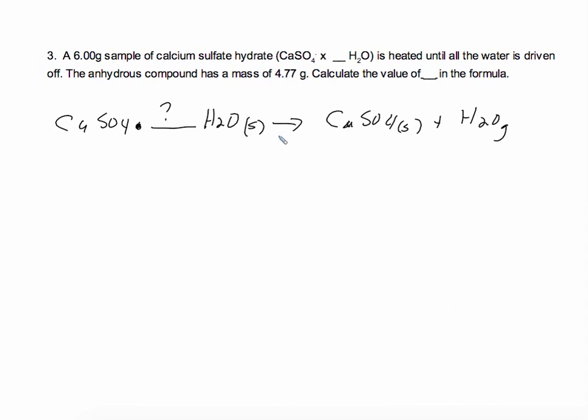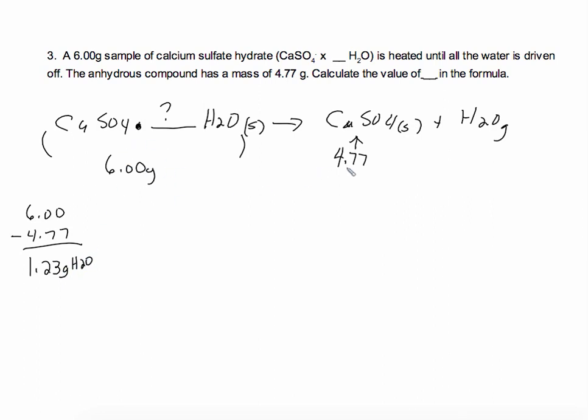Now when they heat it up, they're starting off with 6 grams total of this whole thing. But after heating it, the anhydrous compound has a mass of 4.77. If you take 6 minus 4.77, that's going to give you the grams of the water, and so that's going to be 1.23 grams water.